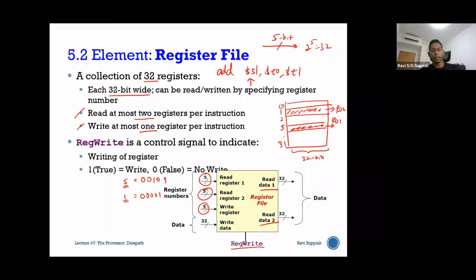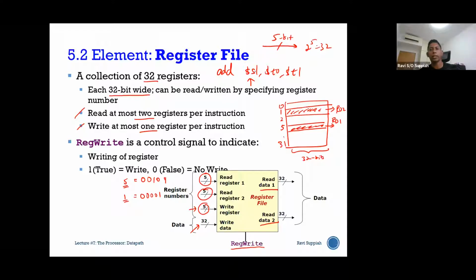The register is specified over here, and the data will come here. We will see how the data is channeled back over here later on, when we complete the whole datapath. But we know that I need to write back later on. When I fetch the instruction, I already know the register I want to write back to, correct?